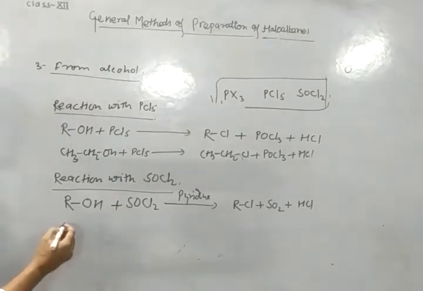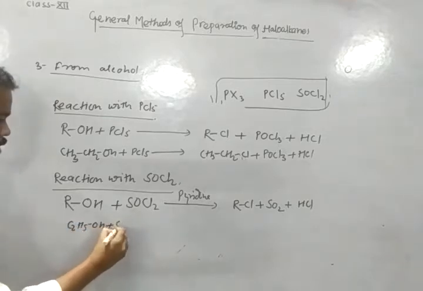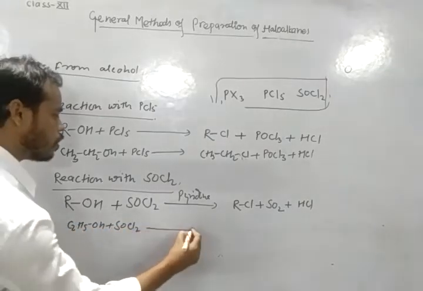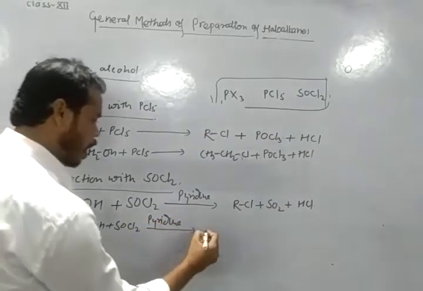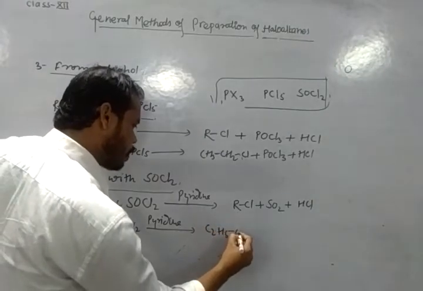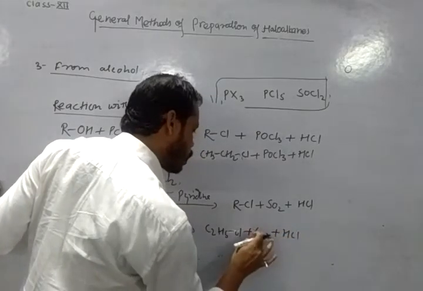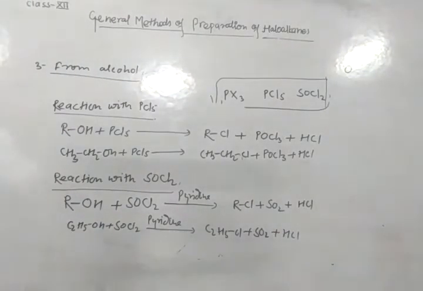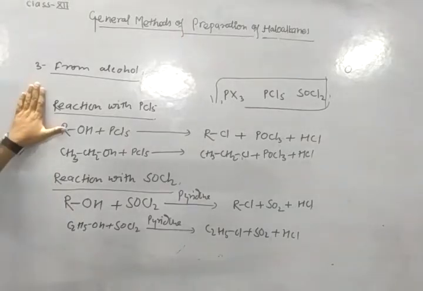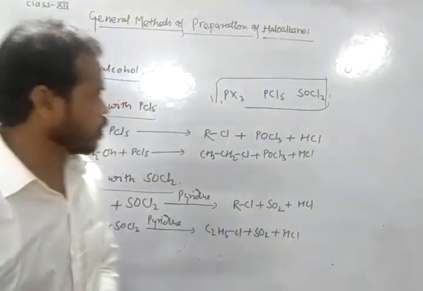Now another example: C2H5OH plus SOCl2, under the same condition in the presence of pyridine, forms C2H5Cl plus SO2 plus HCl. By this method you can find lots of products.